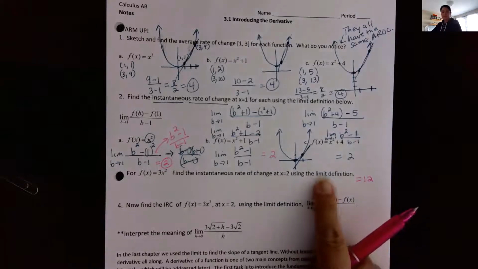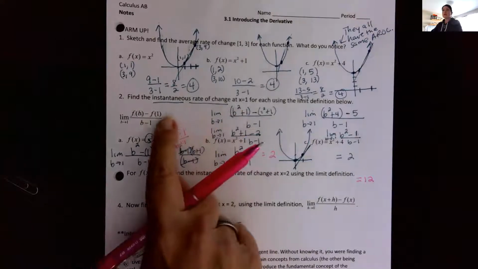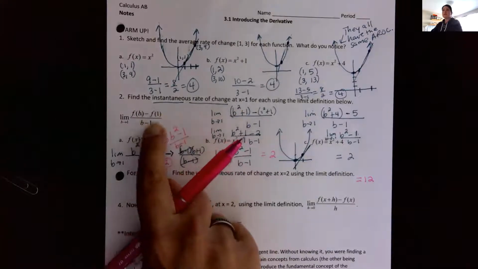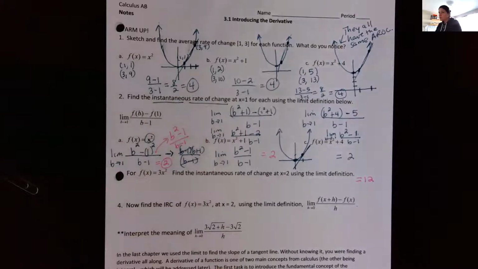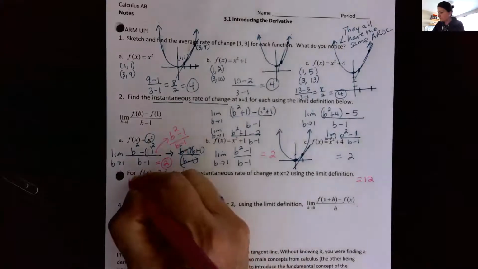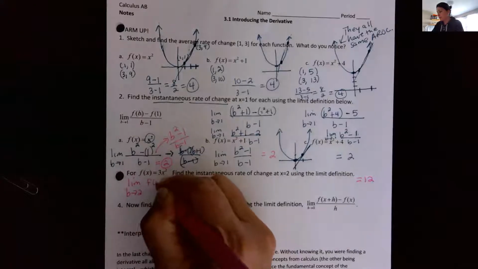And when we say limit definition, use the same one as this, except your setup is going to be slightly different, because this set at x equals 1, and notice what you have, f at 1, b minus 1, b approaching 1. So what do you think you have to do for this problem? Change your definition slightly.